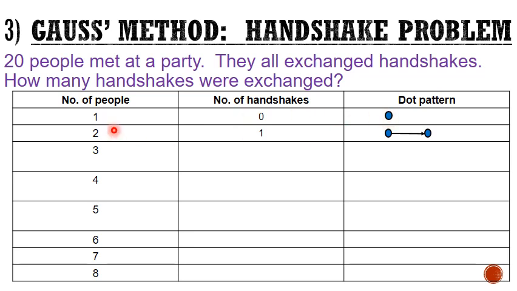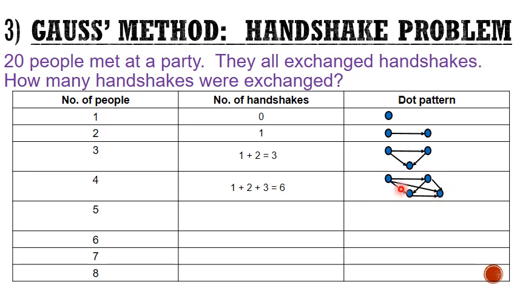Then the next person comes in, and you shake hands with that person. So there's one handshake. Then one more person comes: you shake hands with the third person, and the second person shakes hands with the third person. So now I will have 1, 2, 3 handshakes. Then the fourth person comes in.